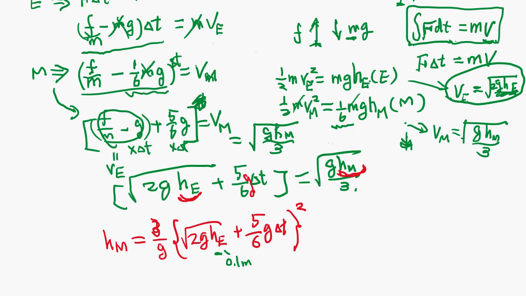Okay, so 2 times 9.8 times 0.1 square root, right? Plus 5/6 times 9.8, the whole thing is square.